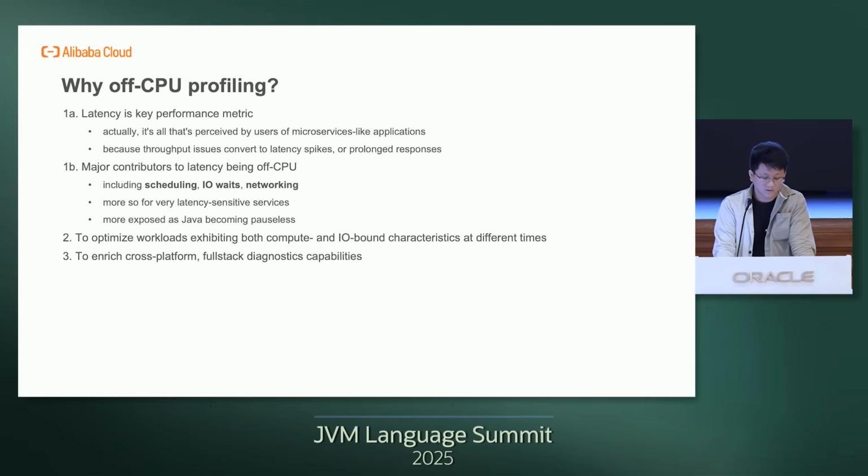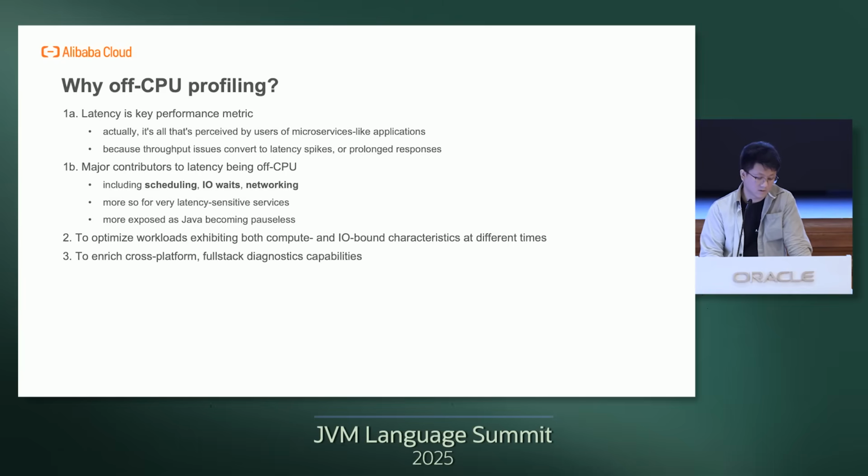Another part of that reason is that the major contributors to latency are being off CPU. When we say off CPU, we mean scheduling, I/O waits, or networking. This is more significant in latency-sensitive services, and it has become more exposed as Java is becoming more post-less.